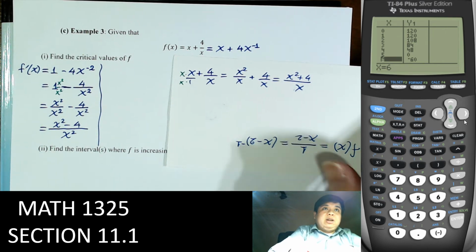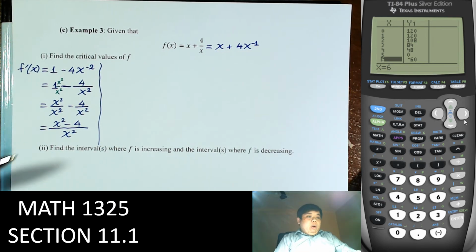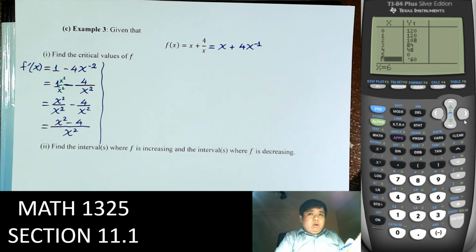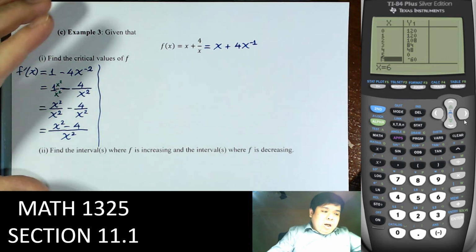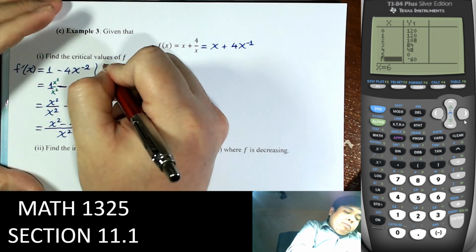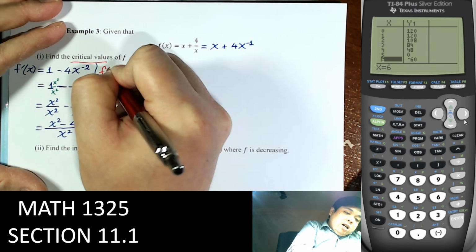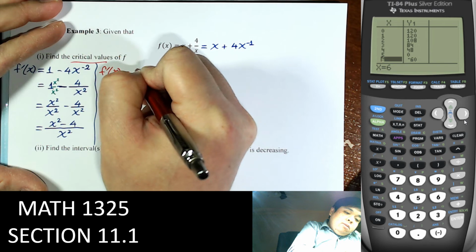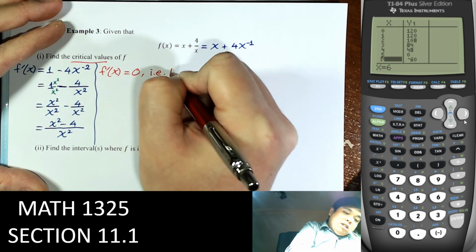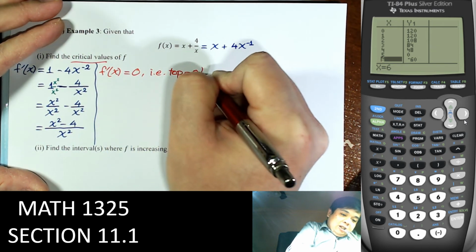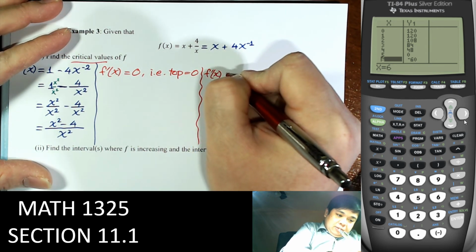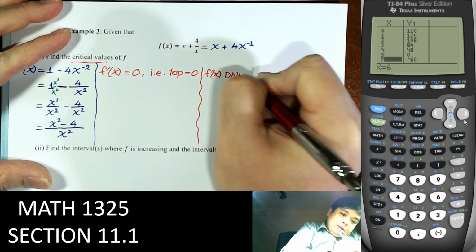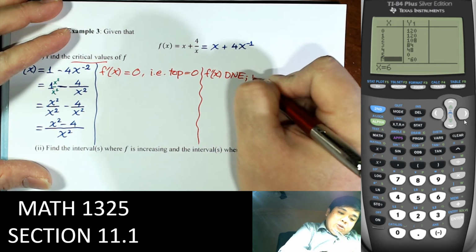We should get the same thing. Bottom line is when we have a negative exponent or rational exponent, try to make that into one big fraction if possible. So if it is one big fraction, we find the critical values: we say derivative equal to 0. That's where the top is 0, that will be easy. Or derivative does not exist. That's where the bottom equals 0.